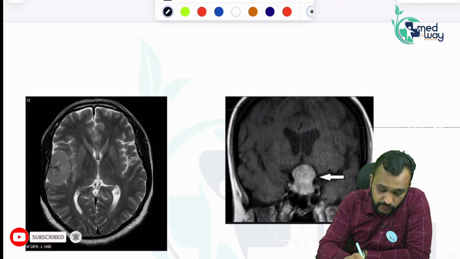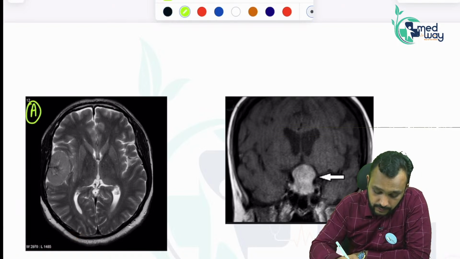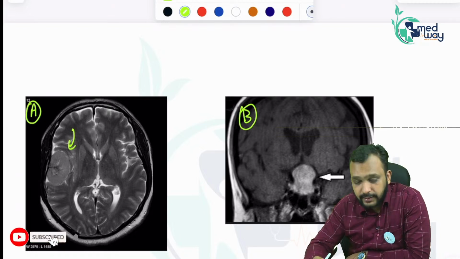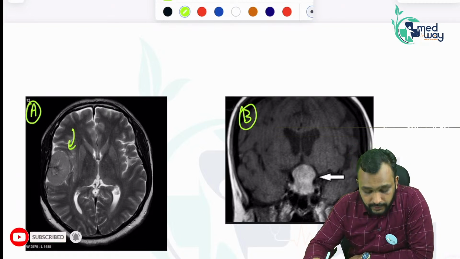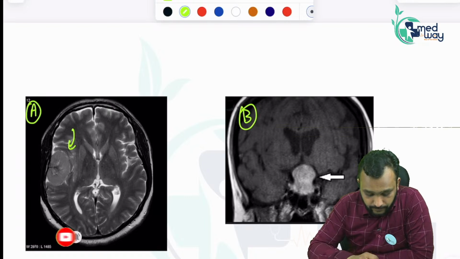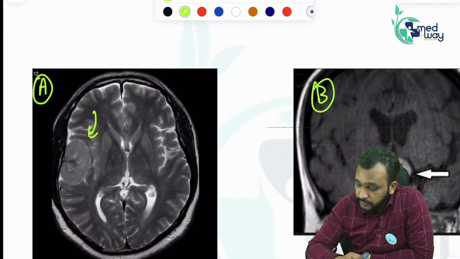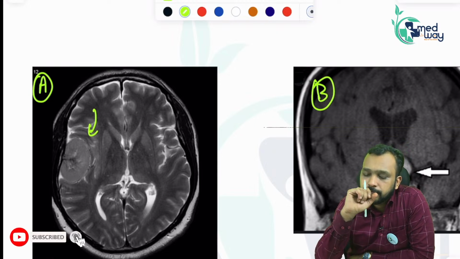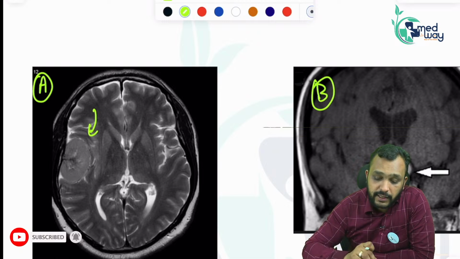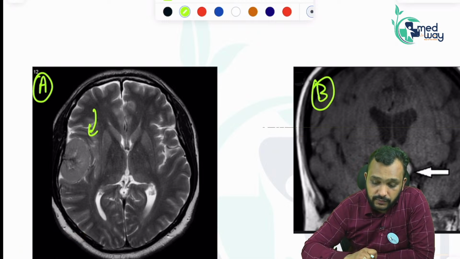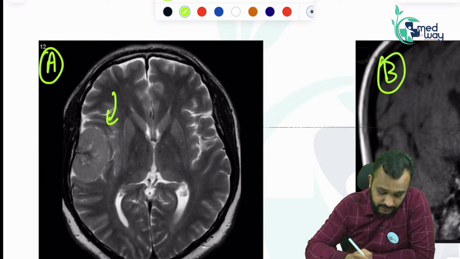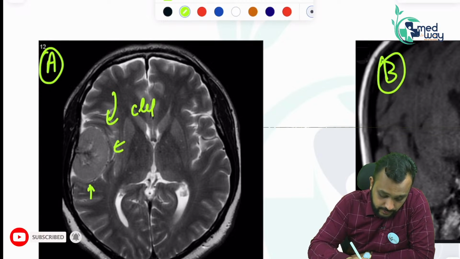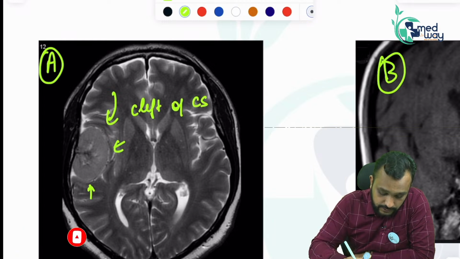So guys, these are two images, image A and image B. Can you tell me what is your diagnosis for this case? Image A, what brain tumor are you able to see? If you look at image A very carefully, you will see that this tumor is surrounded by a cleft of CSF on all sides.